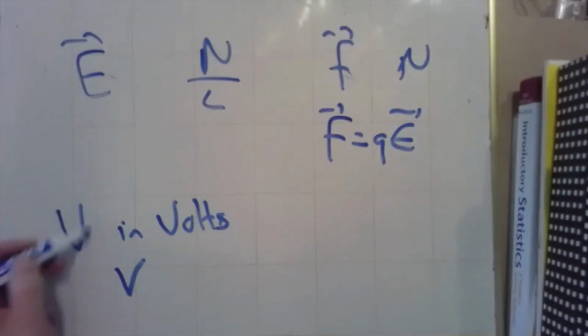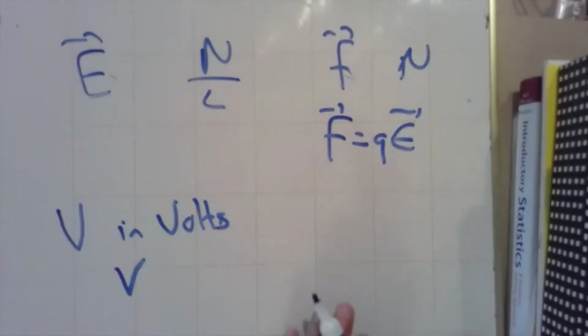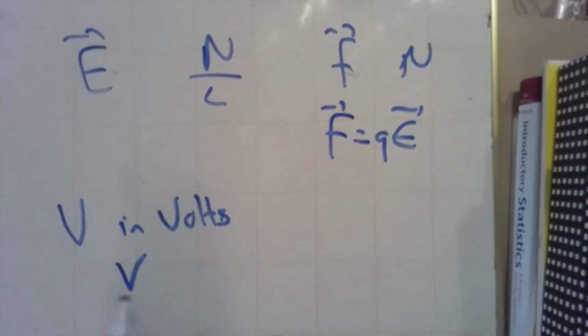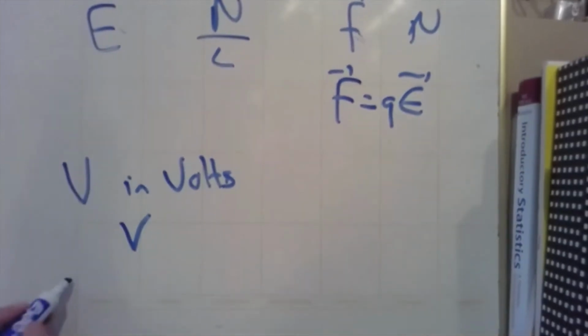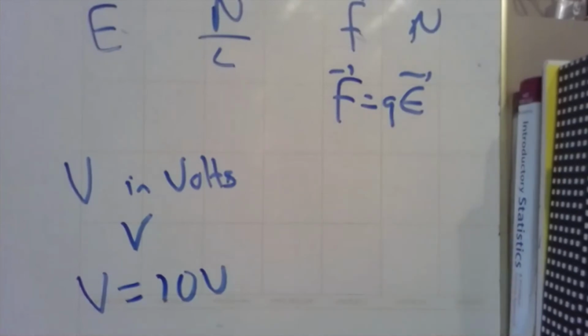Our variable is V. So you'll have a question that says solve for V. The units of that thing you're solving for have the same symbol. So we'll have problems where we solve and say V equals 10 V. That can be a little confusing at first. This is saying the voltage difference between two places is 10 volts. That one's the unit. That's the variable you're solving.